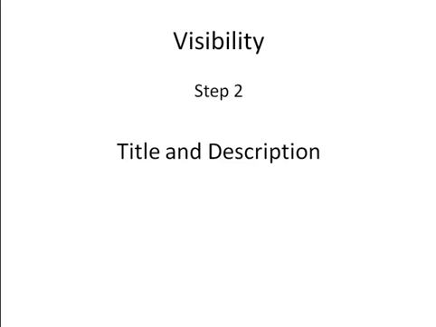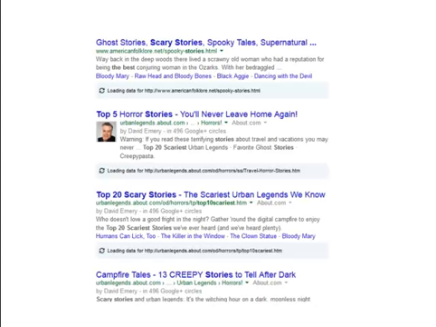If the title and description does not give the search engines enough to understand what the article or post is about, then it can't rank it with any relevance to a search topic, and it won't show up in the search engines. So when you perform a search in Google, the results of your search are listed in the order that Google determines to be the most relevant and of the highest authority for the topic you searched.